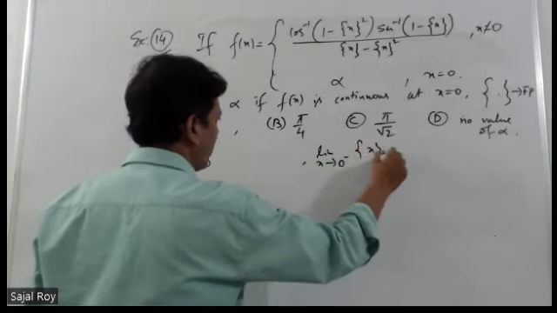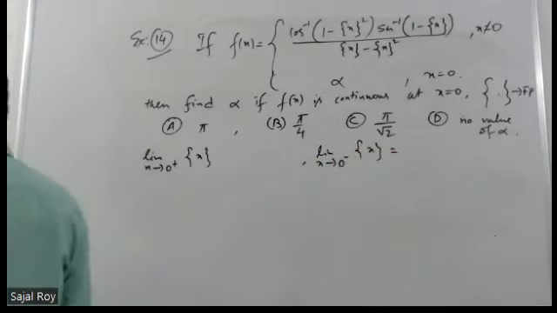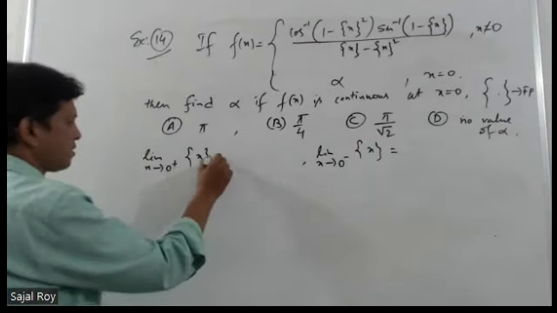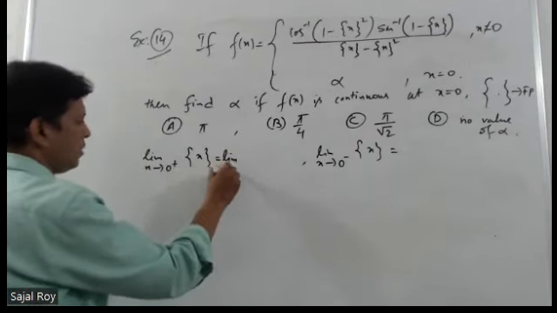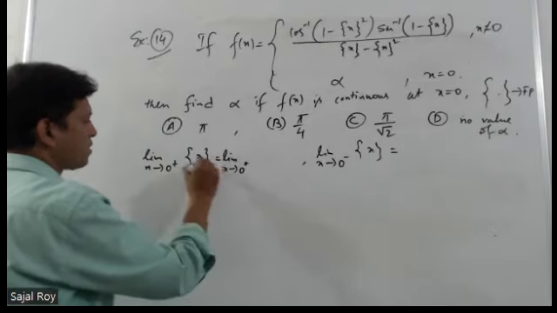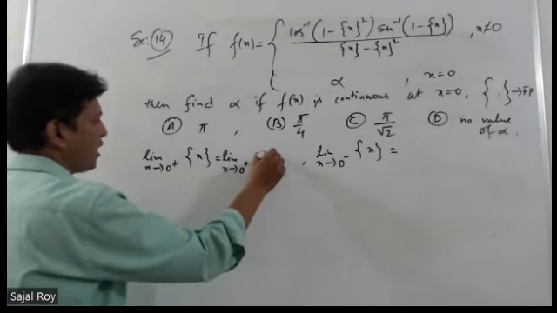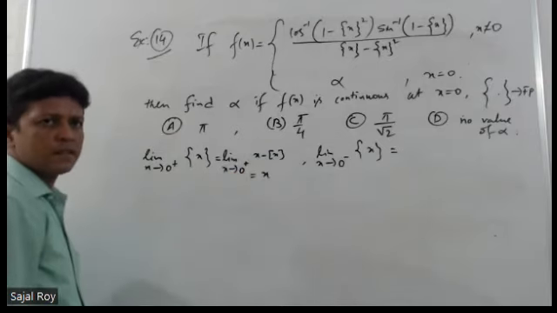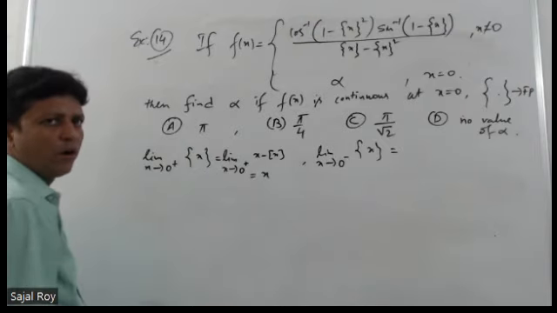As x tends to 0 plus, the fractional part of x is x minus box x, that is x, since box is 0.